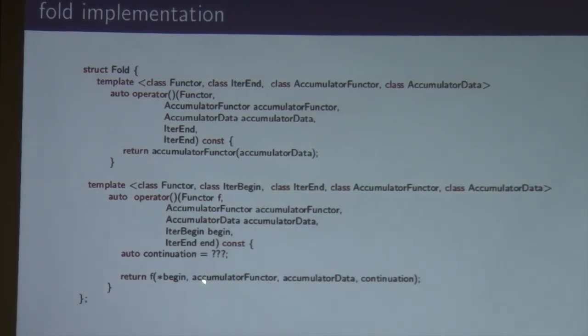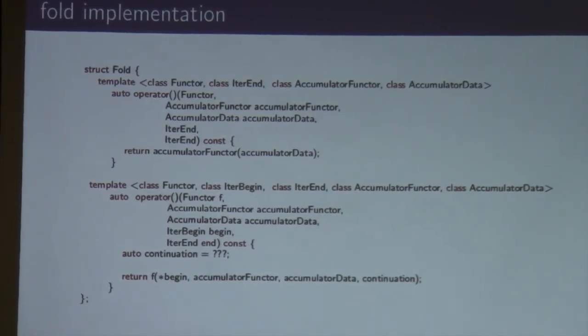So now instead of returning this type, this functor is going to call a new functor which is called continuation. And this is the way to bypass this problem of this functor returning things of different types, because this functor might be something that can take arguments of different types.